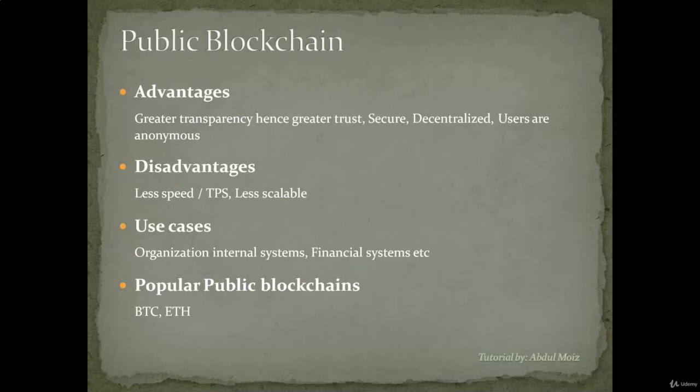What are the disadvantages? They provide lesser speed. It means they're less scalable and transactions per second are less. So where are the use cases? Where are these blockchains implemented?